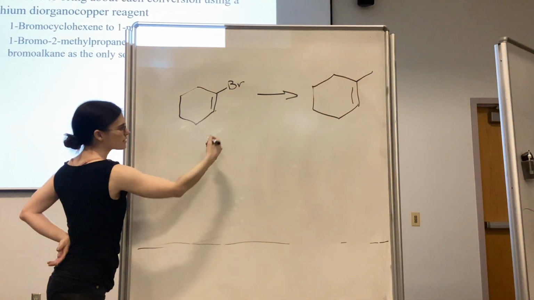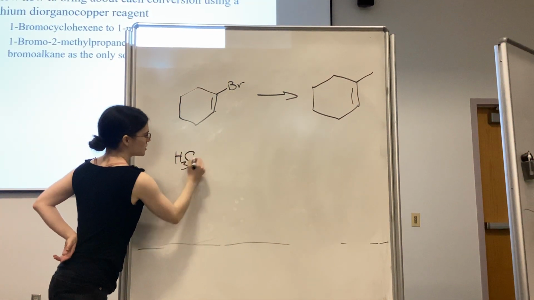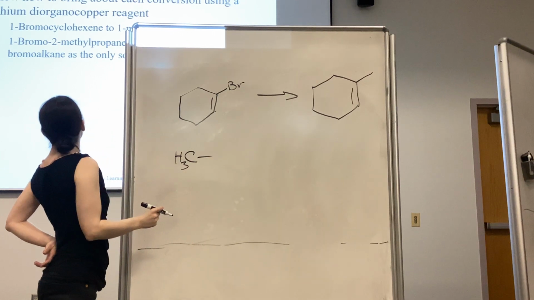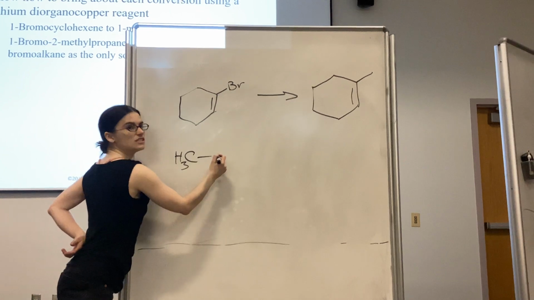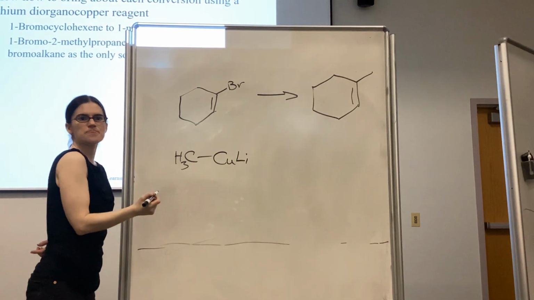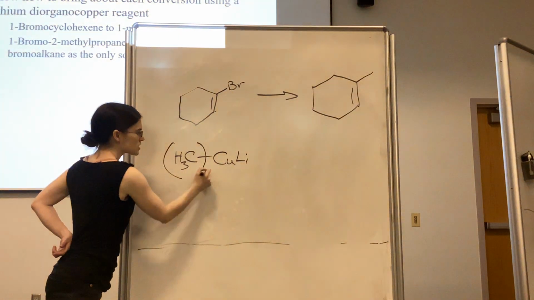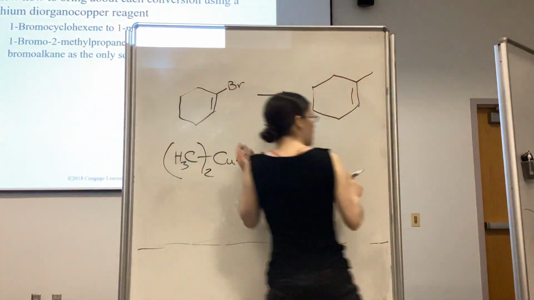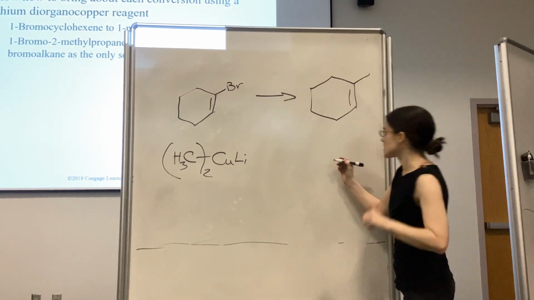All right, so what does this look like? How many carbons are we adding? One. CH3. What does a lithium diorganocopper reagent look like? CuLi, right? What am I missing? Yeah. So, lithium diorganocopper, I looked up what this looks like.